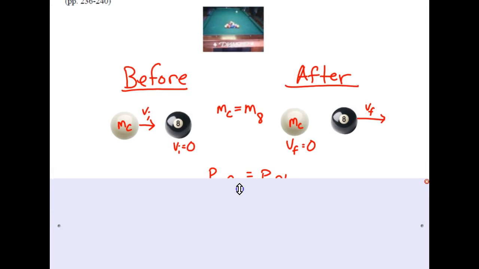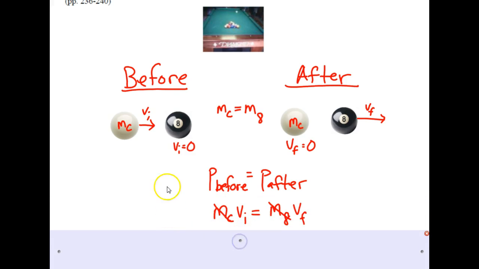Setting up our conservation of momentum statement, we start with P before equals P after. It's important that your before diagram and your after diagram relate directly to your conservation of momentum statement, because the next thing you're going to do is put down the object or objects that have momentum before collision and after collision in appropriate form.